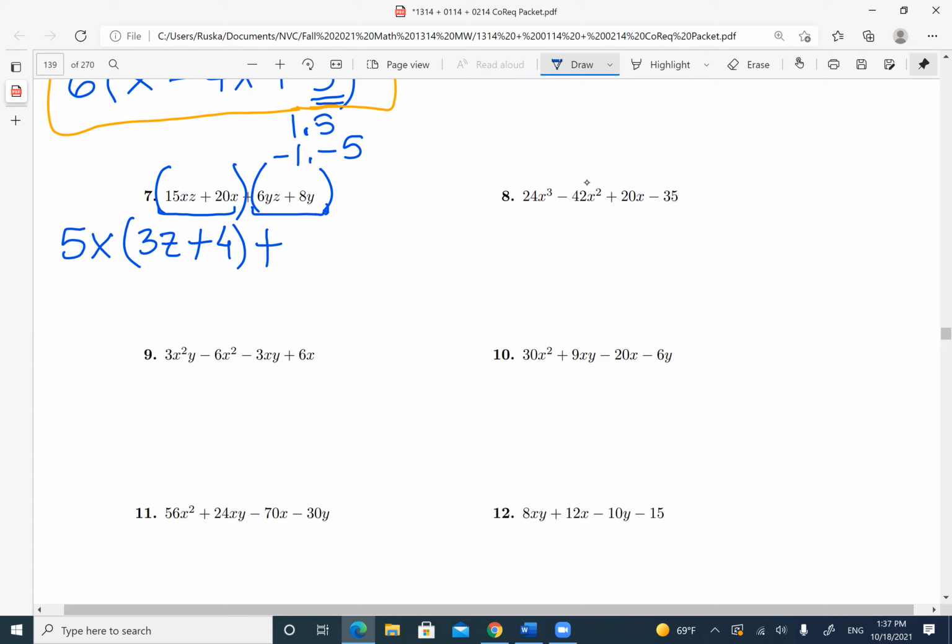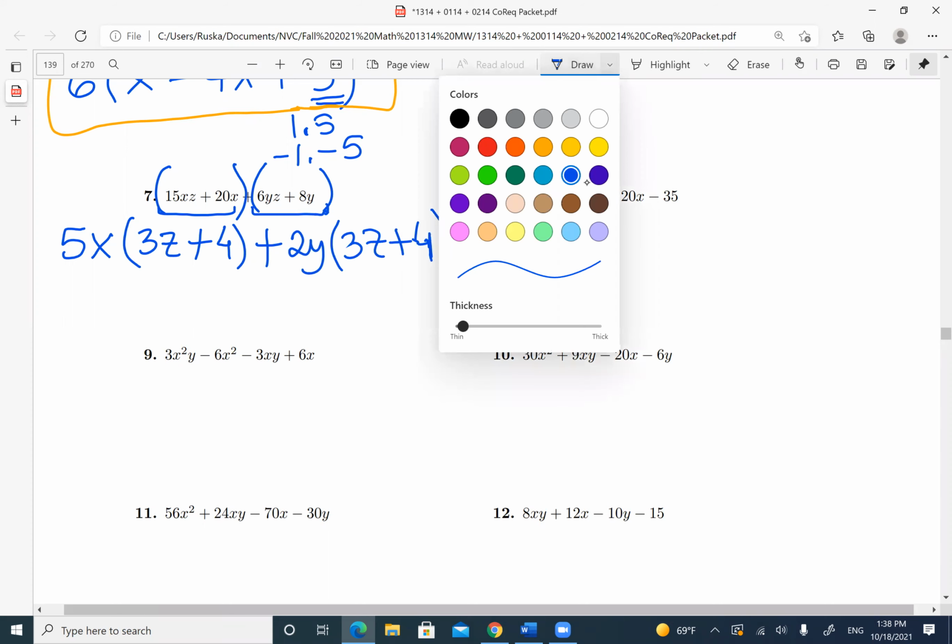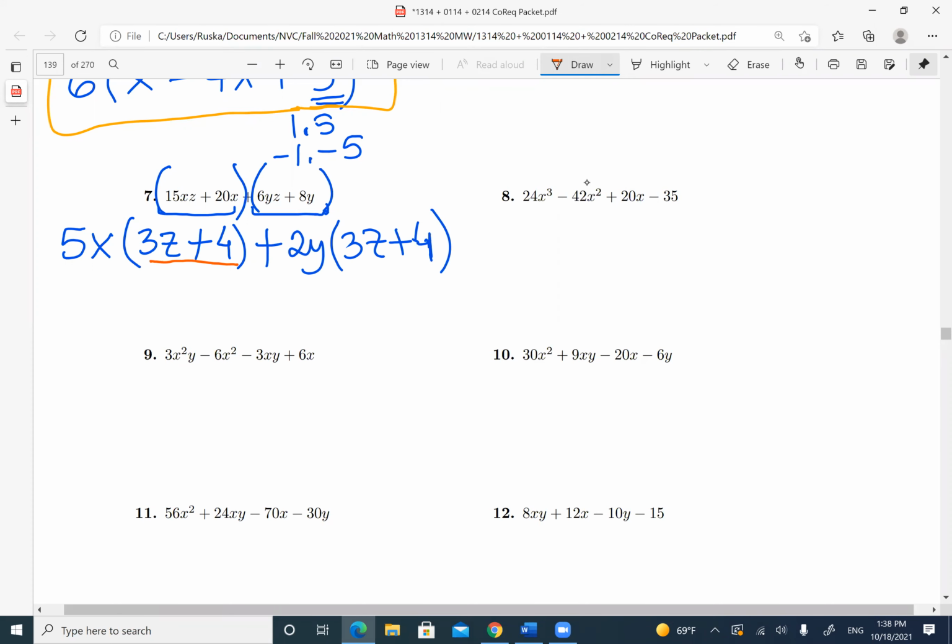And then in the second group, let's see what they have in common. They have y, and both of those numbers are divisible by 2, so 2y is in common. And then what is left? 3z plus 4, right? So when you factor by grouping 4 terms, if you can factor it, you're always going to get the same expression in both.